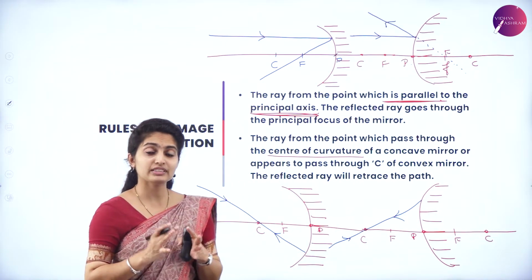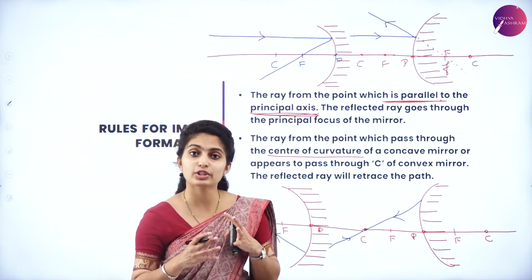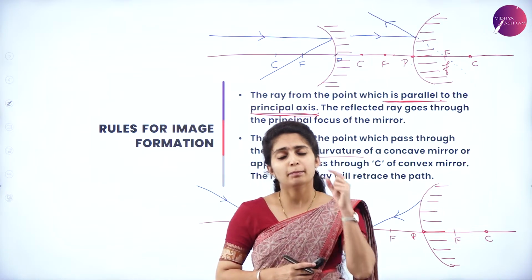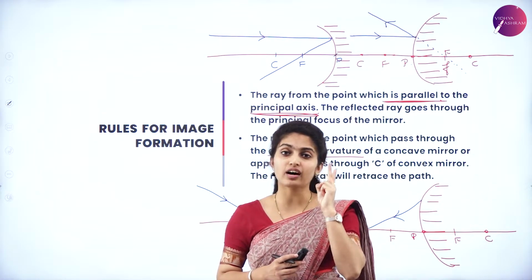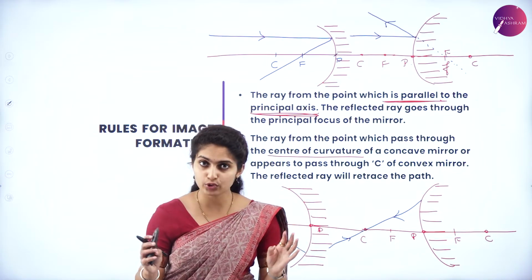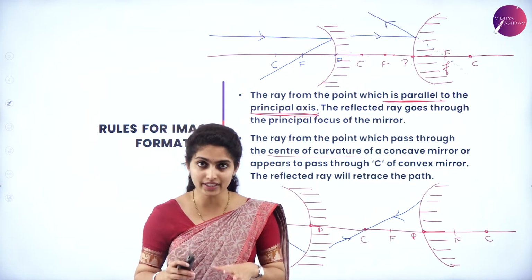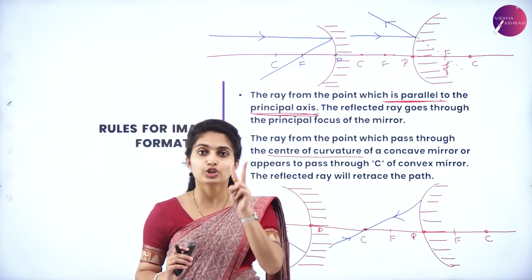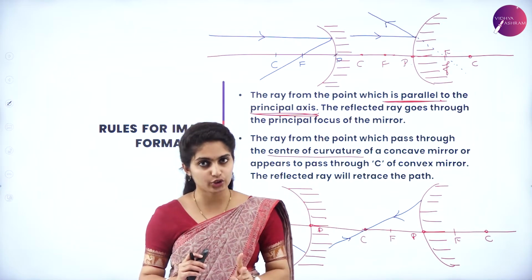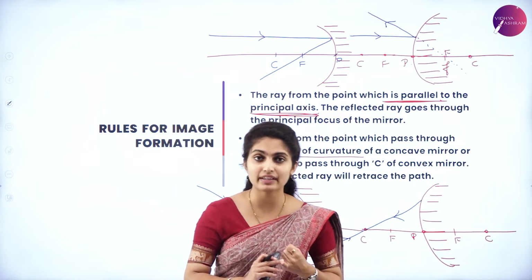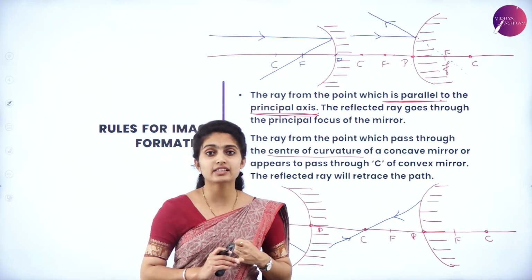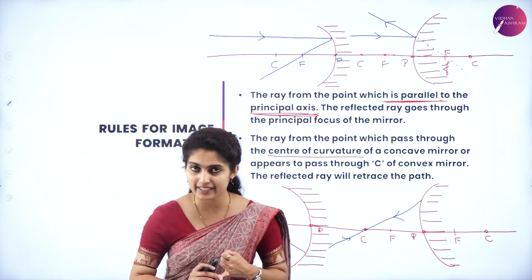So remember students, for the formation of the image of an object, a minimum of 2 rays are a must. It's left to you how you plot a ray, but a minimum of 2 rays are a must. Either you can take the ray as parallel, depending upon the distance of the object, where exactly it is placed.